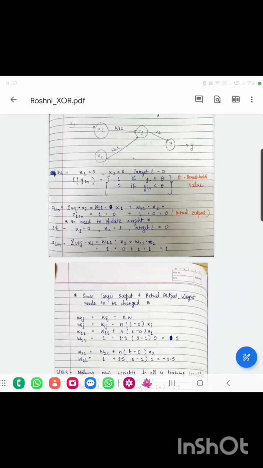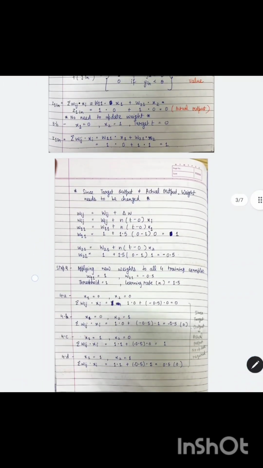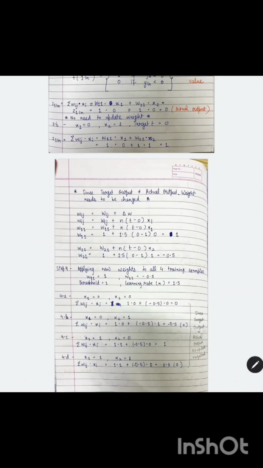So now that we know we got a problem in the case where the actual output and the target output did not match, we need to update the weights. The target output was 0 and the actual output came as 1 for the second training sample. So we have to calculate the weight.